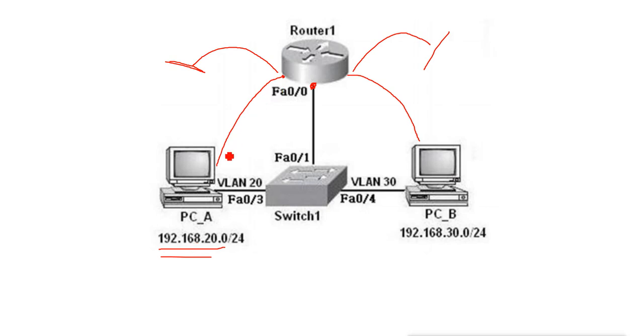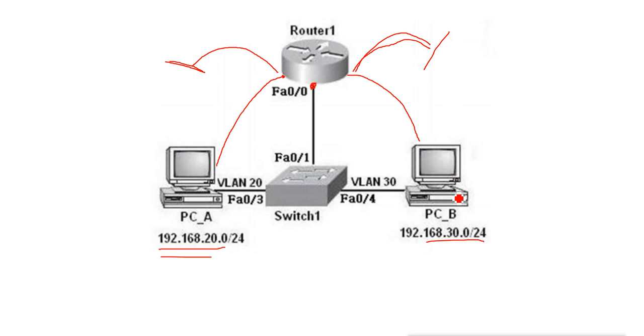Now the router receives the data and checks the routing table. It says okay, the data belongs to this network, and this network is connected to this logical interface. So it sends the data to this interface, and with its help the data reaches the switch and the PC.